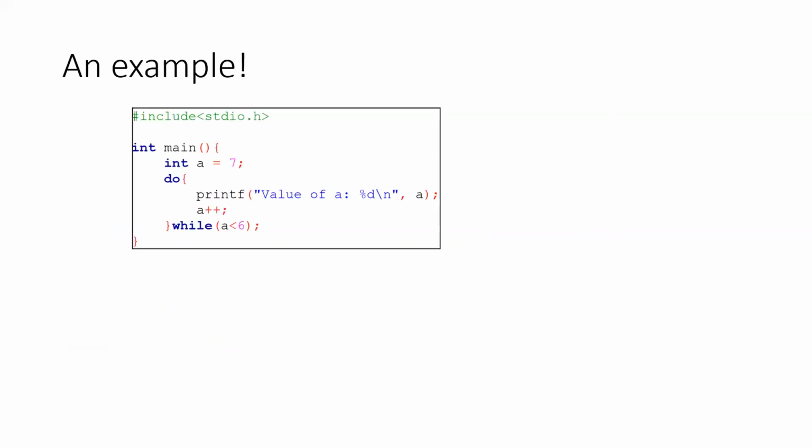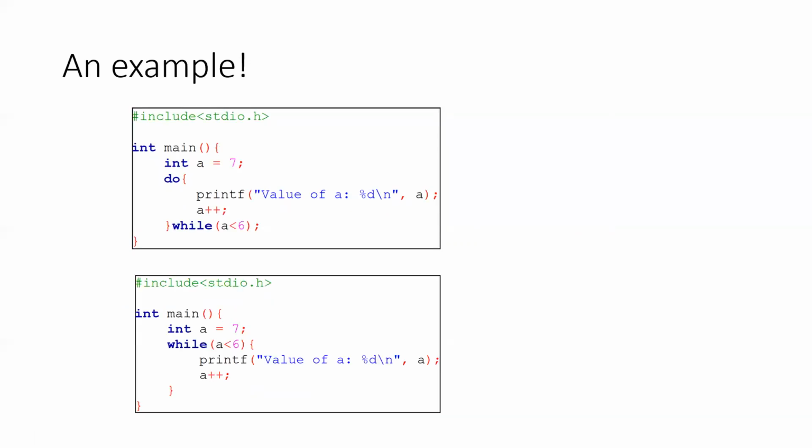Let's have an example. We both have this code, which has a loop control variable a with a value of 7, and the condition is that a must be less than 6. So what will be the output of this program?